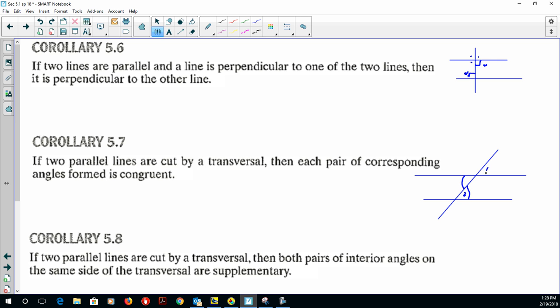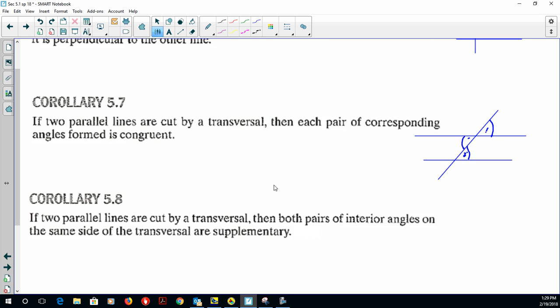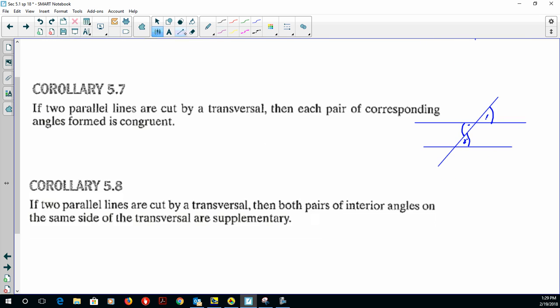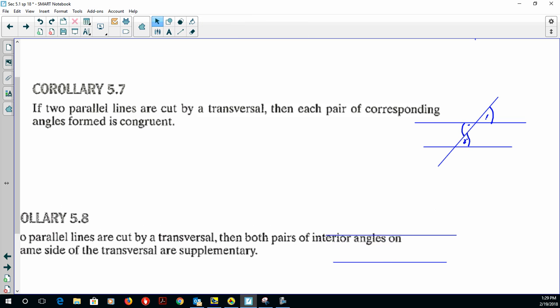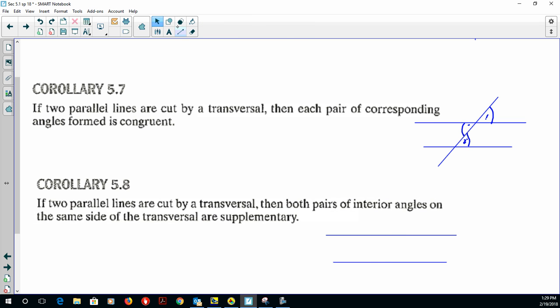And 5-8, if you have two parallel lines cut by a transversal, both pairs of interior angles on the same side of the transversal are supplementary. So you'd want to say that this angle and this angle are supplementary.